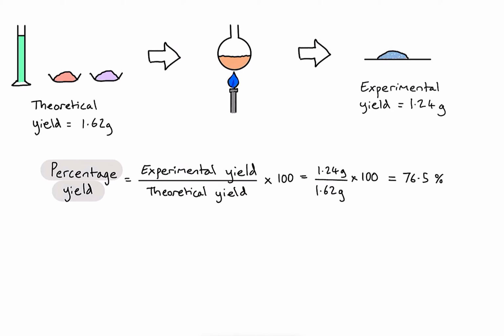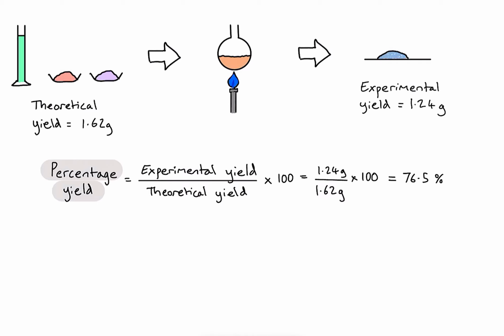And you'll notice here that I've been a little bit careful with my significant figures. The two values that I've used, 1.24 and 1.62, both have 3 significant figures, so I should probably give my answer to 3 significant figures as well. So we've got 76.5% of what we expected to get, which is not great, but probably not terrible either.